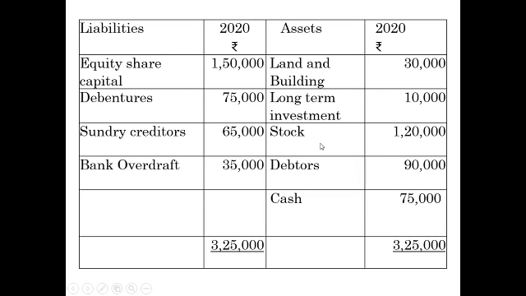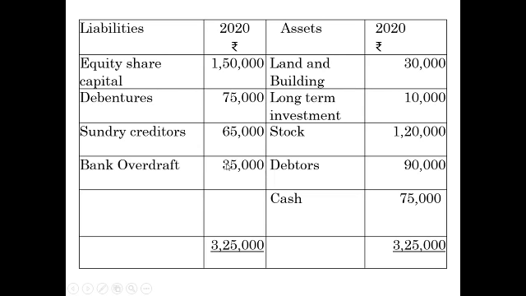Next, for liquid ratio, liquid asset means current asset minus stock. Stock and prepaid expenses are excluded from the current asset. So if you exclude 1,20,000 from current asset, you will get liquid asset. And for the calculation of liquid liability, from current liabilities you need to exclude the bank overdraft.